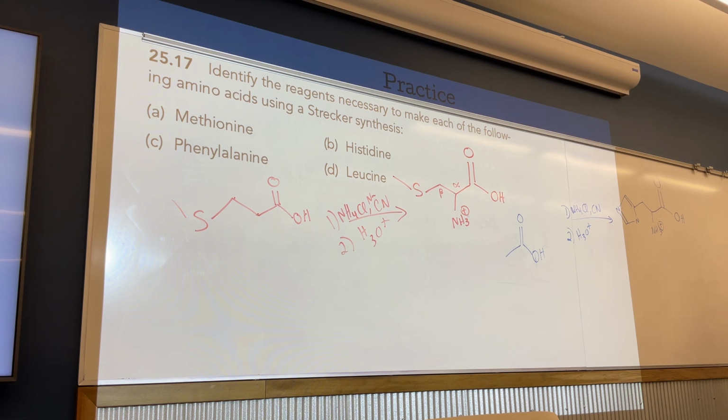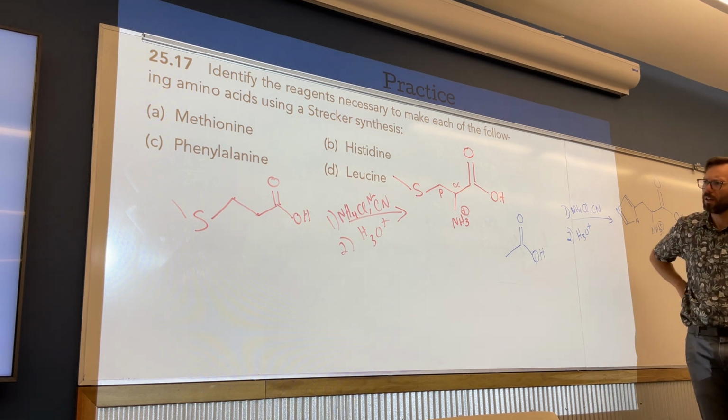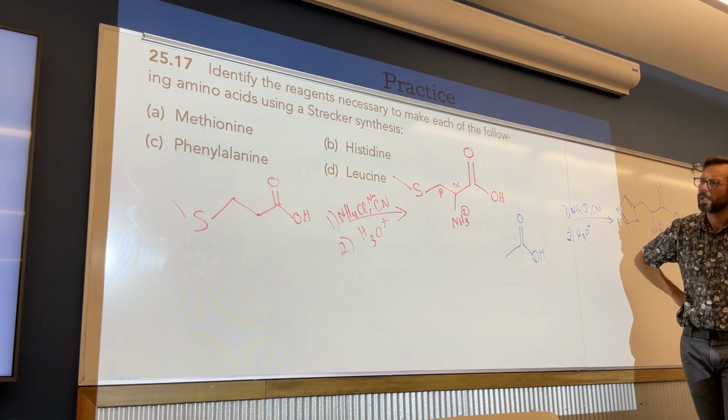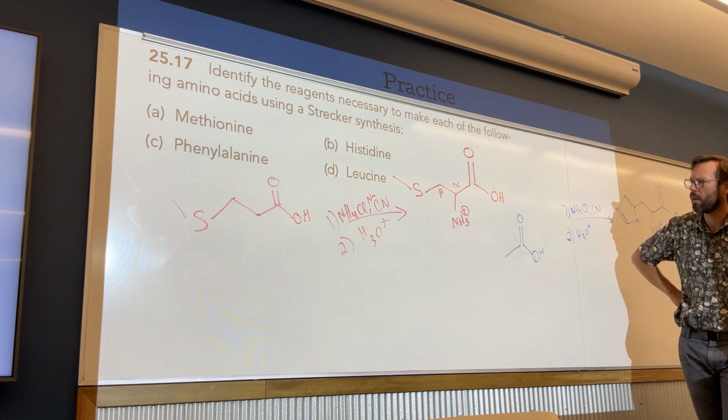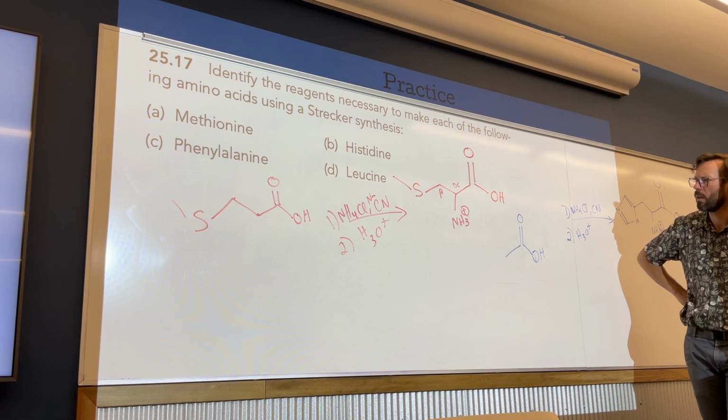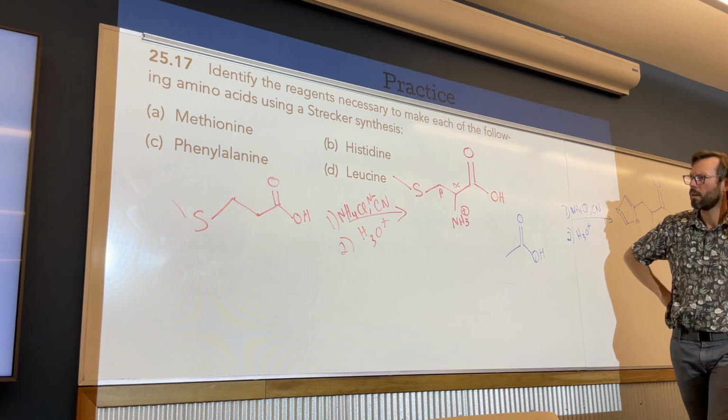Question for the Strecker synthesis. Last week it was shown to start with an aldehyde. Can you use an aldehyde and a carboxylic acid, or does it have to be one or the other? You can use an aldehyde too. In fact, I think we do use an aldehyde. Sorry about that.